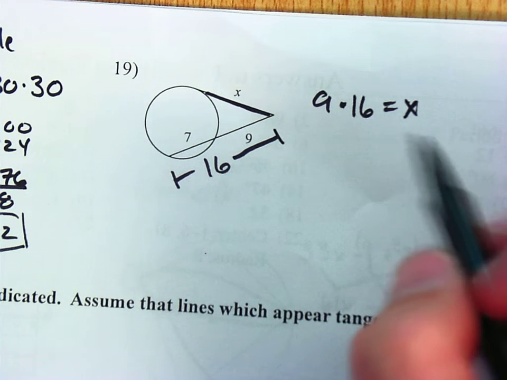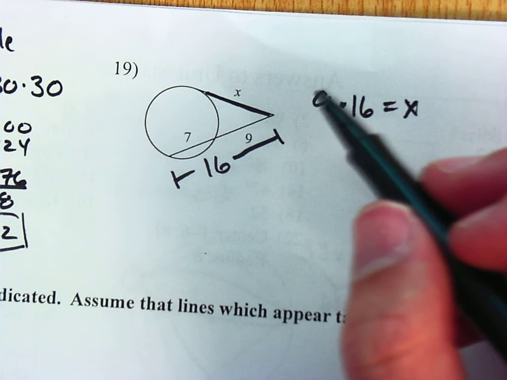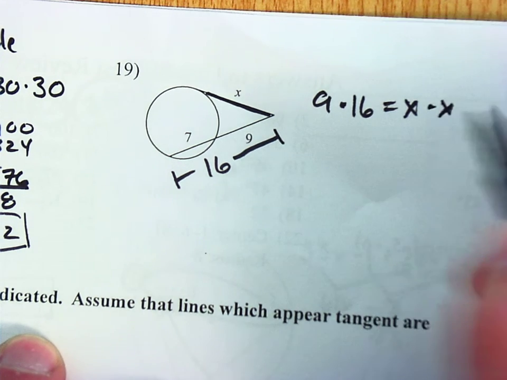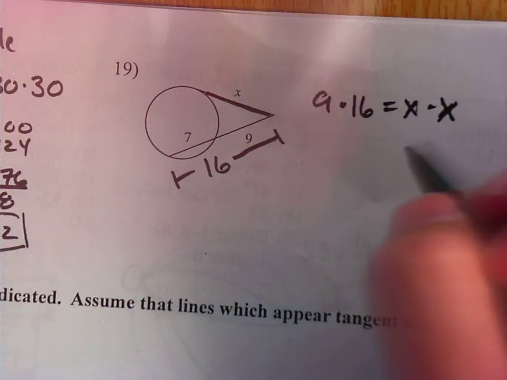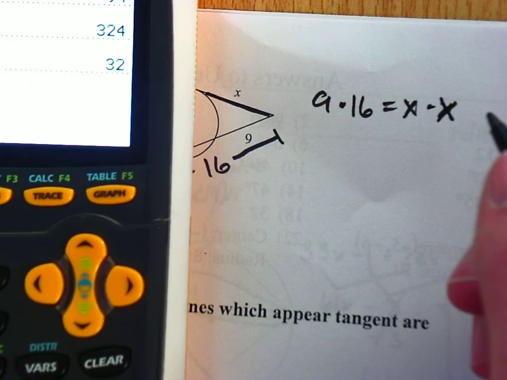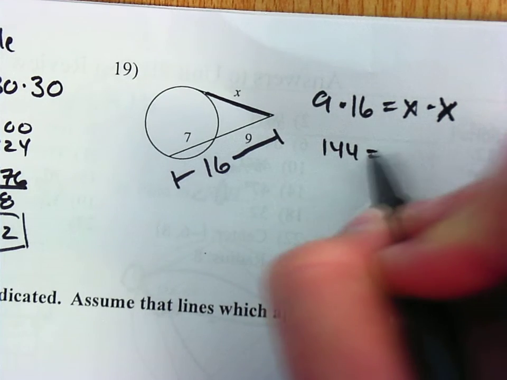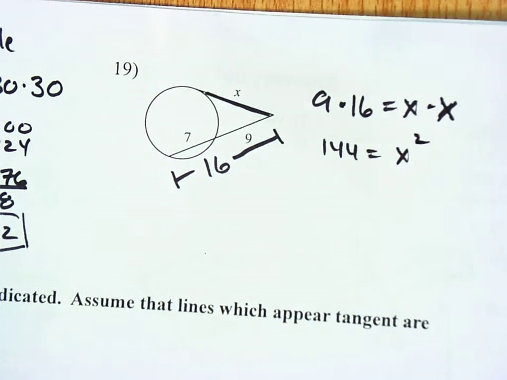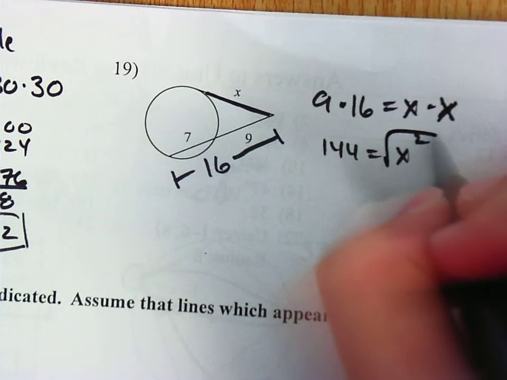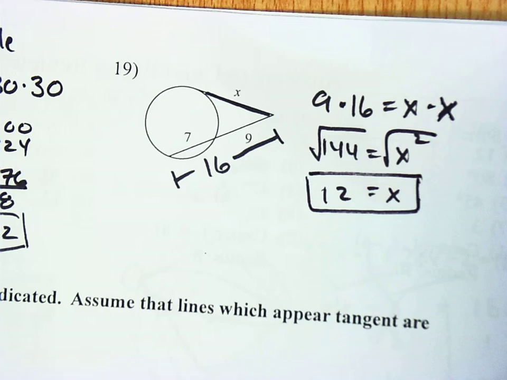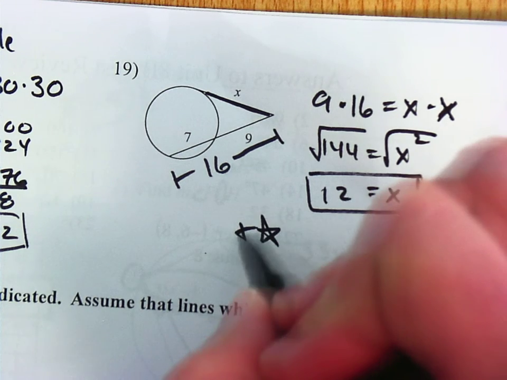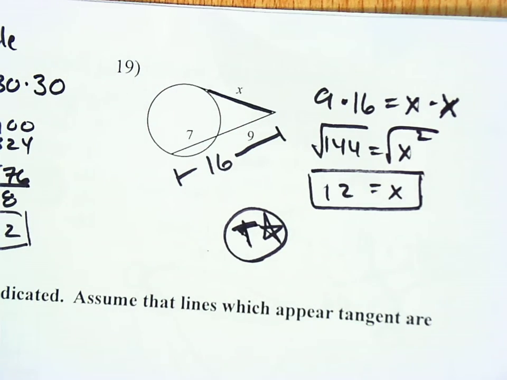And because there is nothing to add, we're just going to times it by itself, right? That's also the whole x. So 9 times 16, again, I don't know that off the top of my head, 144 equals x squared. Square root this to get x alone, and x is 12. And notice that on the test, it will also work out to a nice perfect square, just like that.